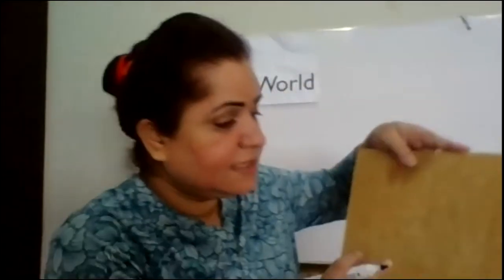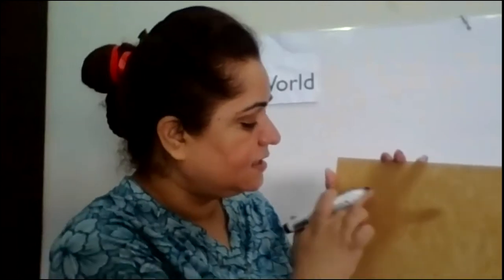After number 9 up till number 20, there are a couple of numbers that start with 1 and then the other number changes, right? So I'm going to write them first, okay? So we are going to write the teen numbers.